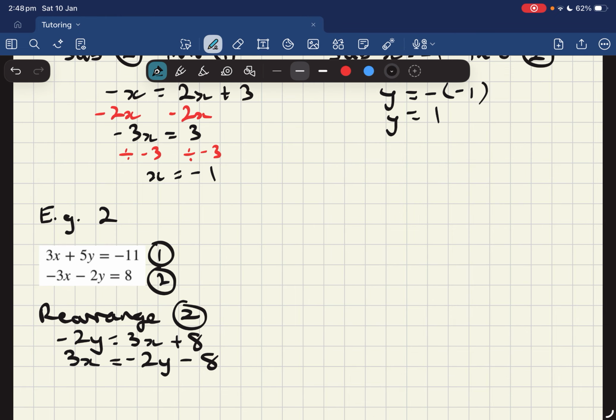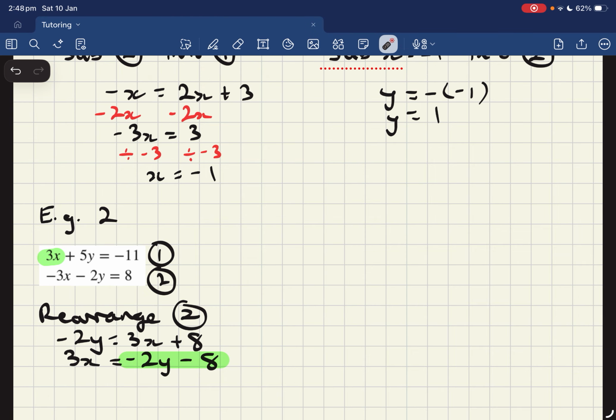Now, because this is an expression, this is another way that I can say 3x. I can substitute it in for this one up here because they're the same. Remember, this is the same as 3x. This 3x is the same as this. So I can substitute it in.